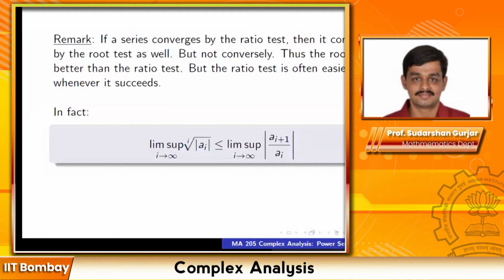That means the root test is stronger, right? Yes. The ratio test implies the root test. If the ratio test works, then the root test will also work. But there are occasions where the root test will work but the ratio test will not work. So the root test is stronger. Of course, if any one test works, it's enough.